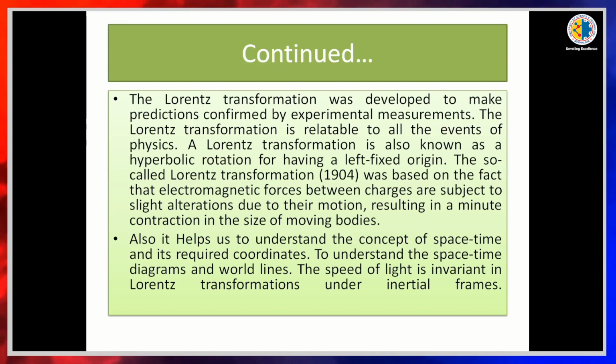Also, it helps us understand the concept of space and time, and it requires coordinates. To understand the space-time diagram and world lines, the speed of light is invariant in the Lorentz transformation under an inertial frame. So, there are many uses of the Lorentz transformation, and it helps show how space and time work. It helps in our world line diagram and in the derivation of acceleration.